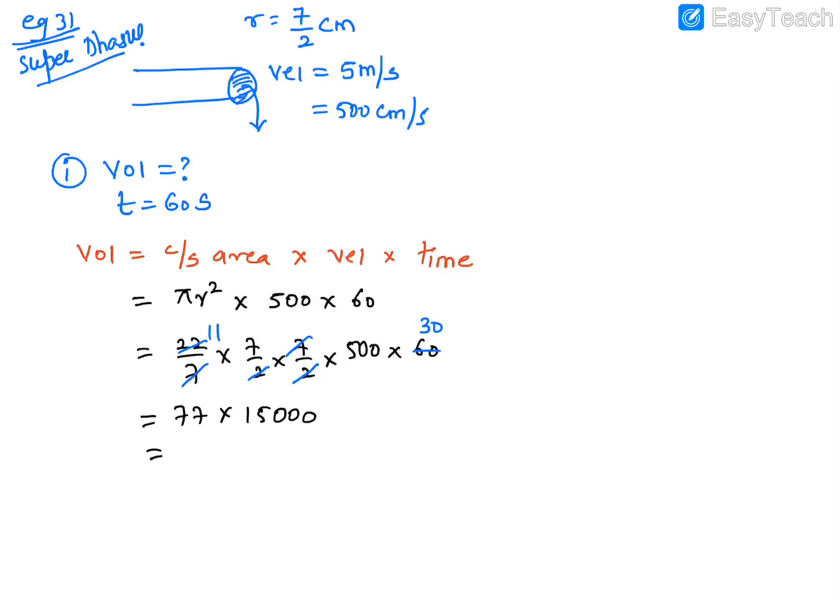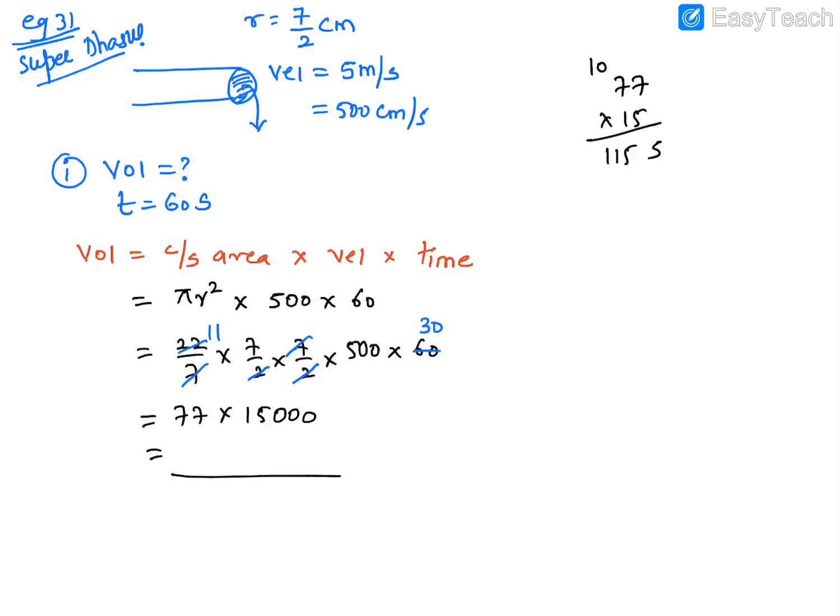So multiply this, you will get the answer. Let me just write it out here only: 77 into 15. So 15 sevens are 105, and 10, 115.